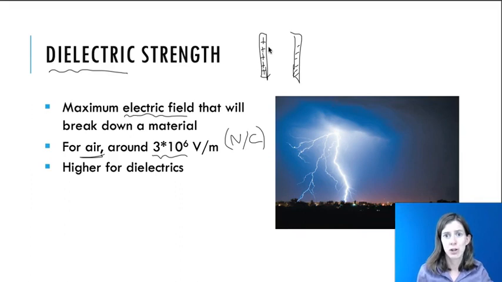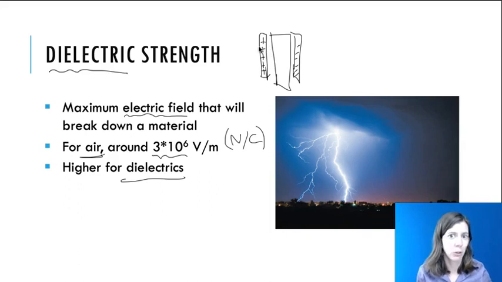It won't be able to store any charge. When you have a dielectric within your capacitor, you're going to need a stronger electric field to break it down. So it will allow you to put a higher voltage on that capacitor, and so it will be able to store more charge.